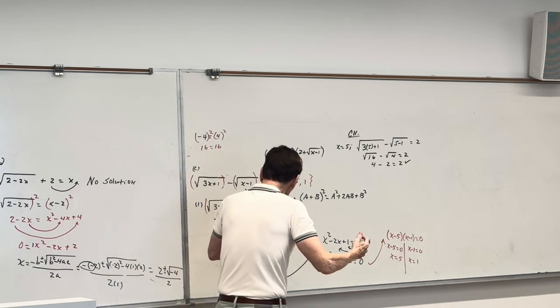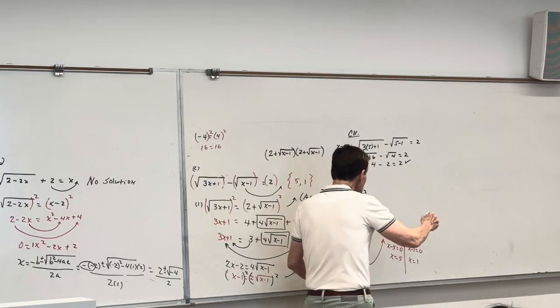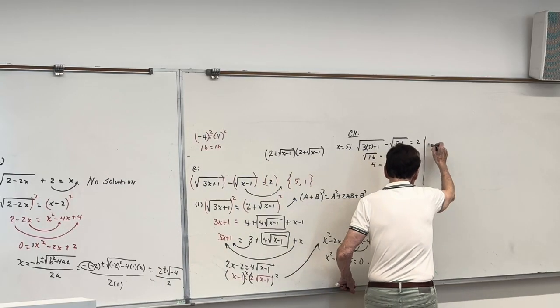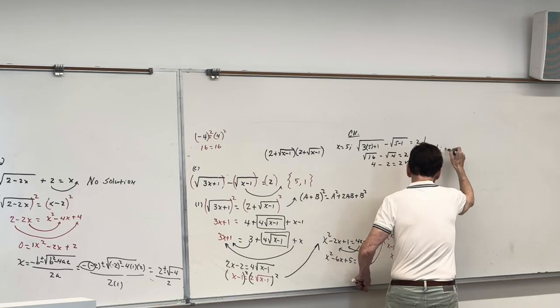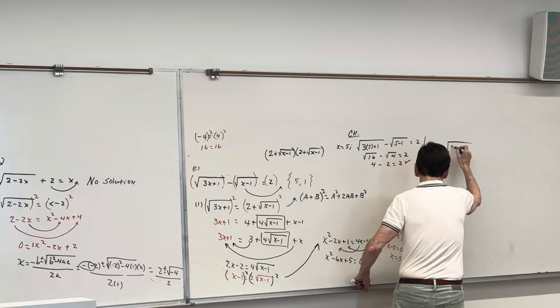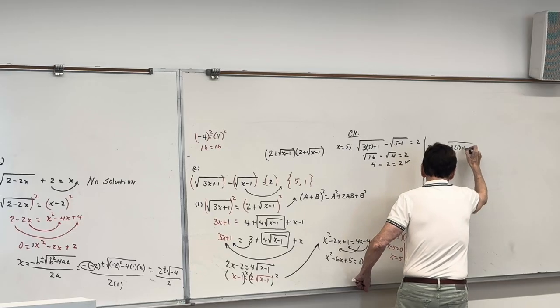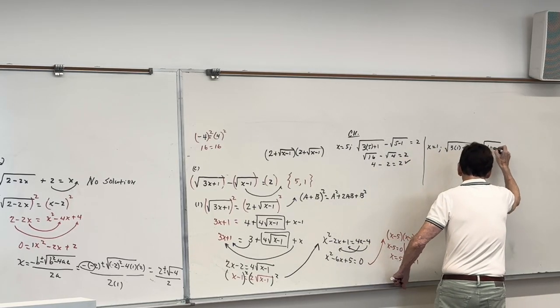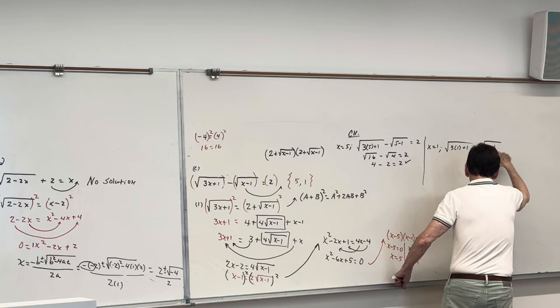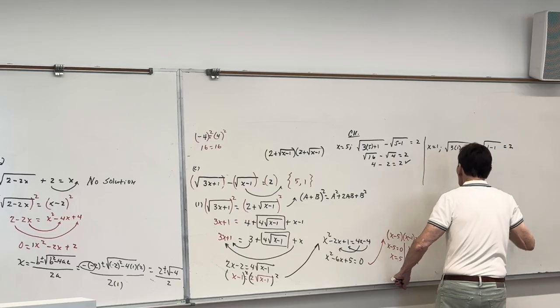Now, the 1 came out in red there, may not work. Who knows? Check it. And guys, to check it back in the original: 3 times 1 plus 1, subtract square root of 1, subtract 1, and we're hoping to get a 2.